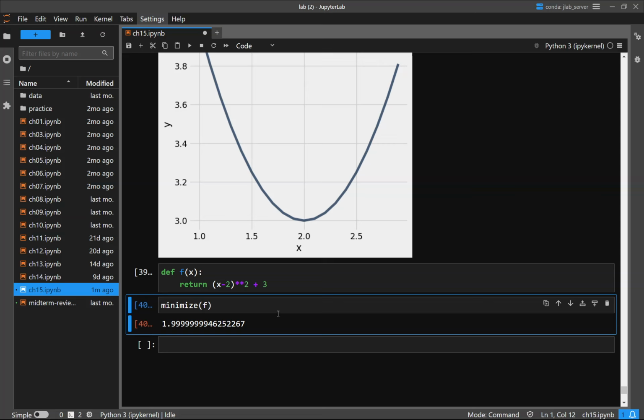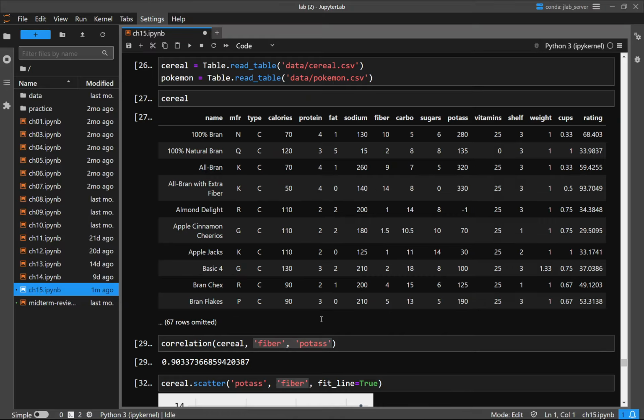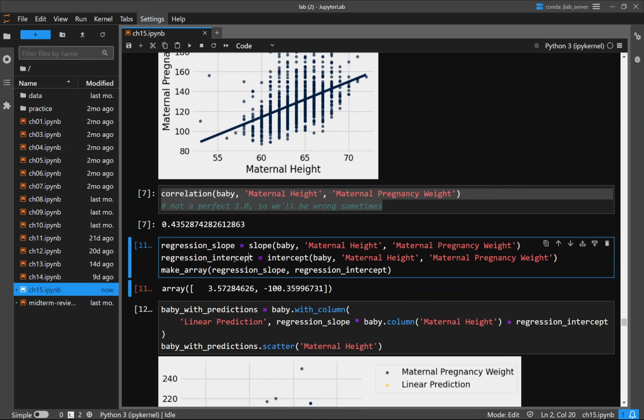Let's make a function that gives back root mean square error for a particular slope and intercept, because that defines a line. Let's go back to this example of the baby maternal height, maternal pregnancy weight stuff. All of this was what we had from before, a regression slope and a regression intercept.